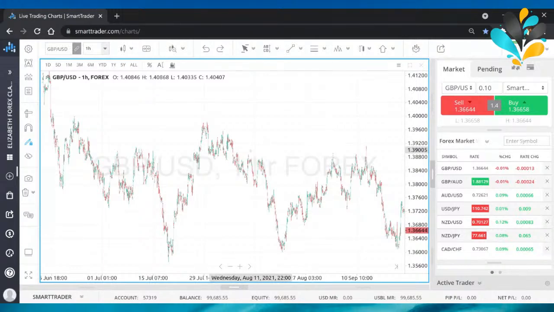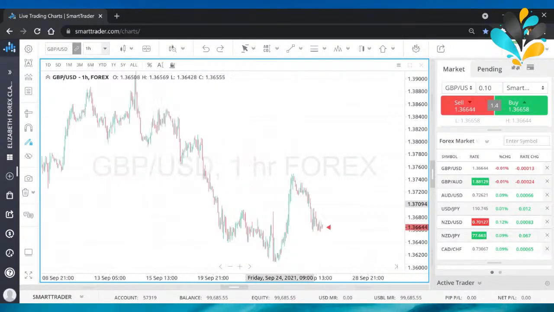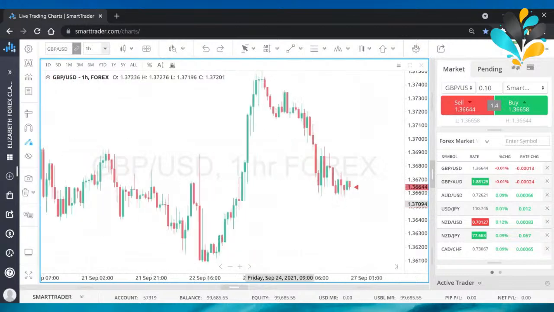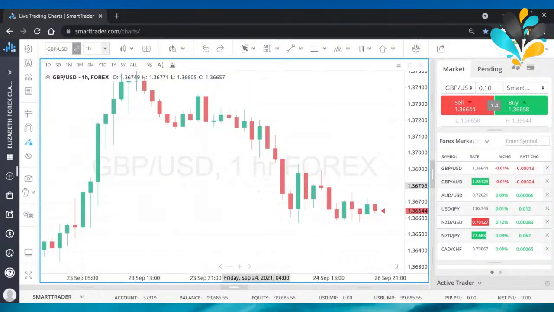So the candles are what I'm going to be teaching you guys using because it shows the most accuracy. If the price for that particular candle would have gone lower than it initially began for each of those time frames, that candle is going to be red. And if the candle closes higher than it started at for each of those time frames, then the candle is going to be green.